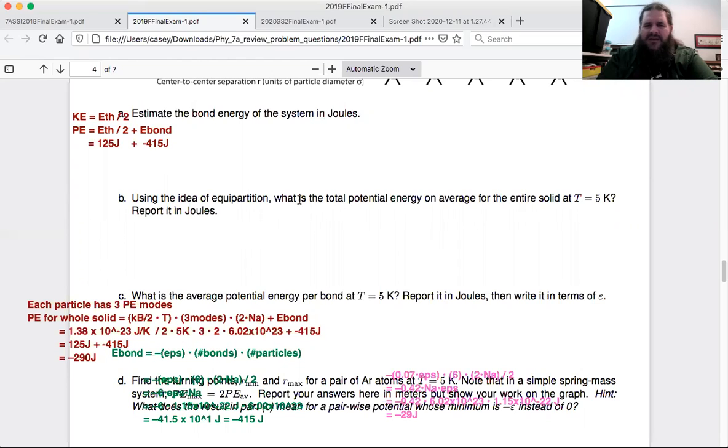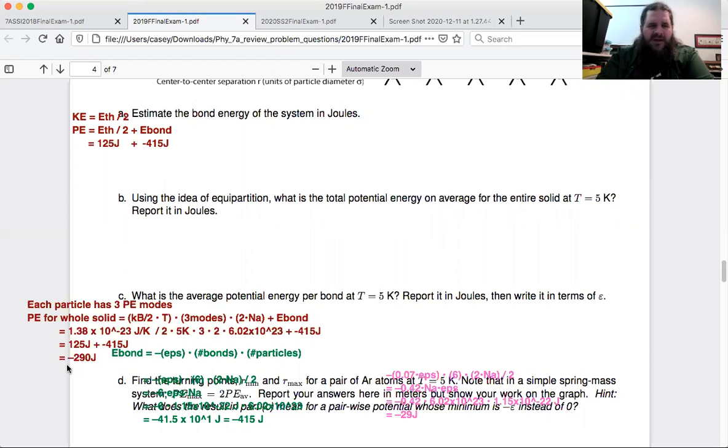If it was asking just for the total thermal potential energy, then yes, I would use just the 125 joules. But if it's asking for the total potential energy of the whole solid, that should be a negative value because it's bonded. If the total potential energy were non-negative, I would expect this to be a gas, not a solid.